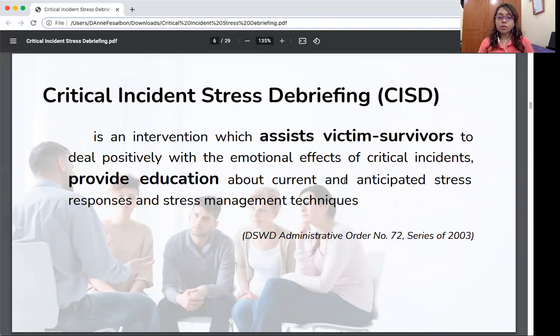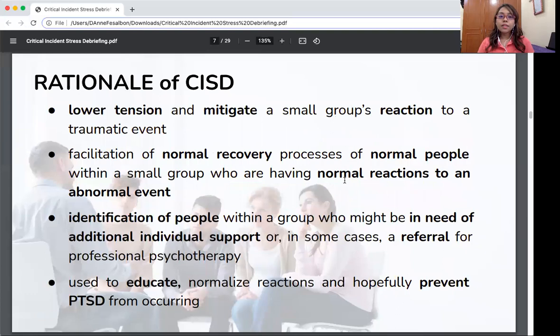And then we also provide education about current and anticipated stress responses and stress management techniques through this debriefing. Rationale of CISD: it lowers tension and mitigates a small group's reaction to a traumatic event. So usually this is what will help people process after a traumatic event has happened.